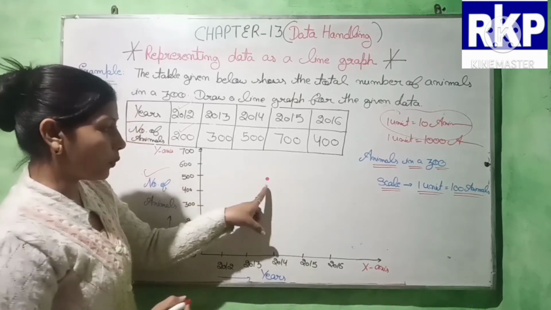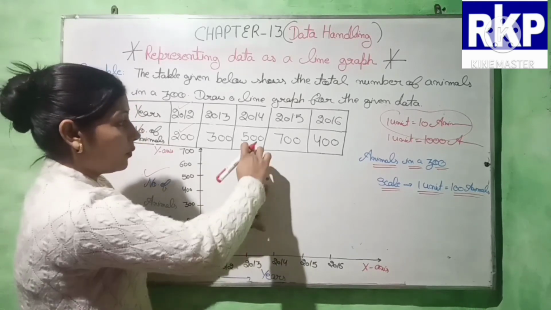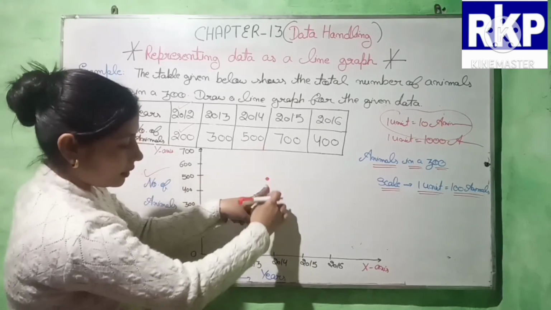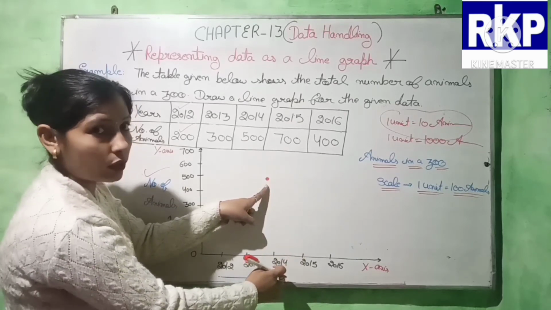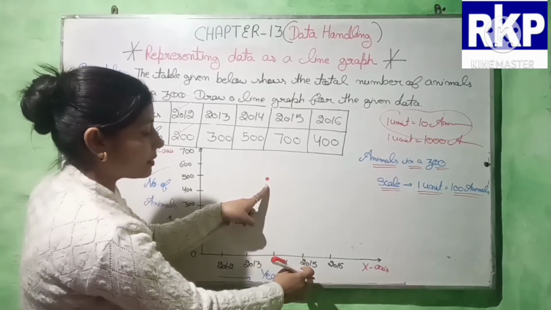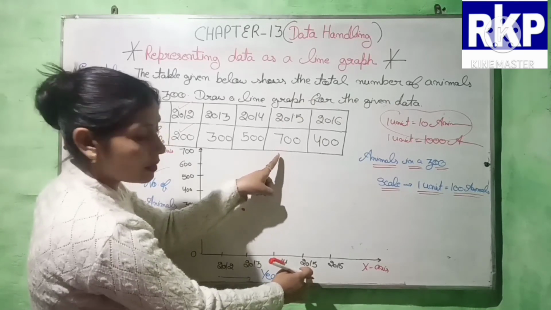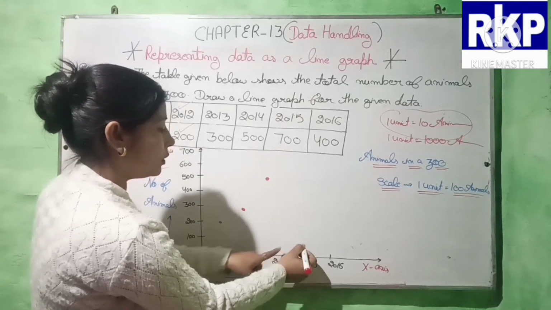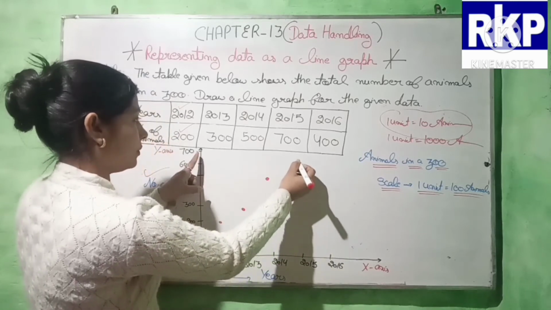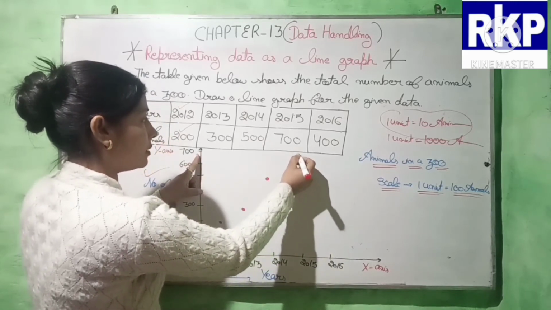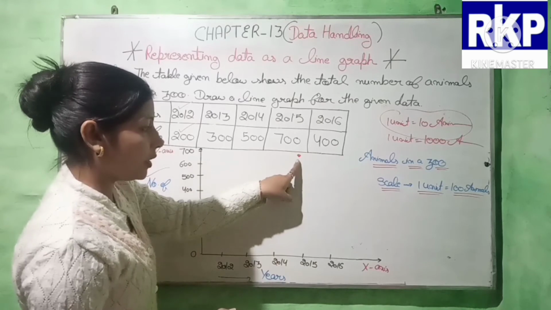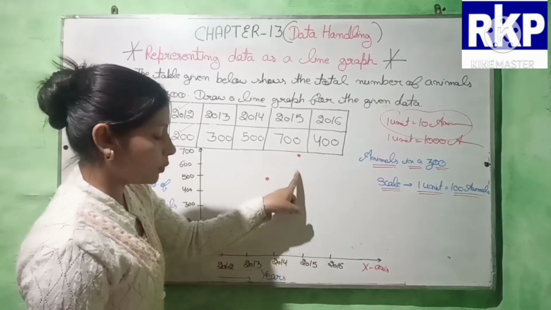This point shows 500 animals in the year 2014. Now next year is 2015 and here 700 animals. So in the year 2015, 700 animals are there. So here we have to put a dot. We have to put a point.